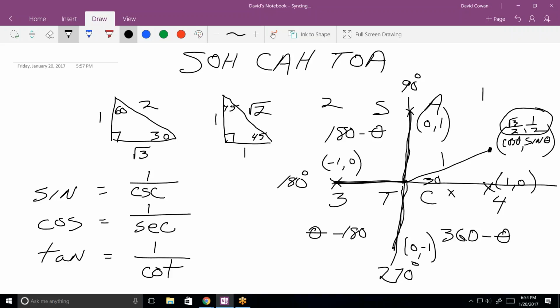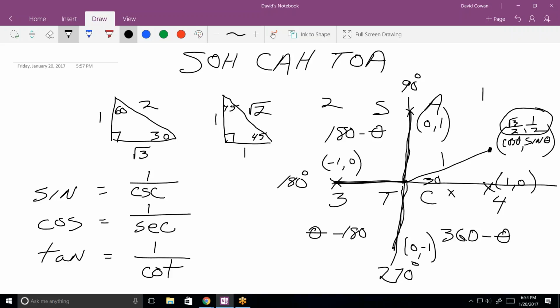You don't even need to figure out tangent of theta for any of these things. Although you want to be able to figure out tangent of theta, in order to do the official unit circle, the x-coordinate is cosine theta, the y-coordinate is sine theta. That's all you have to know.